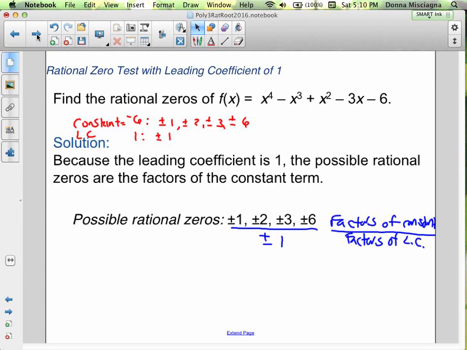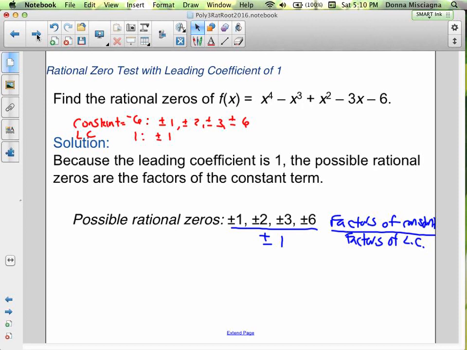So the constant term here is -6. The factors of -6 are plus or minus 1, plus or minus 2, plus or minus 3, plus or minus 6. The factors of the leading coefficient are just plus or minus 1. So those numbers aren't going to change at all if we're just dividing by positive or negative 1. We'll still have the same number of choices.